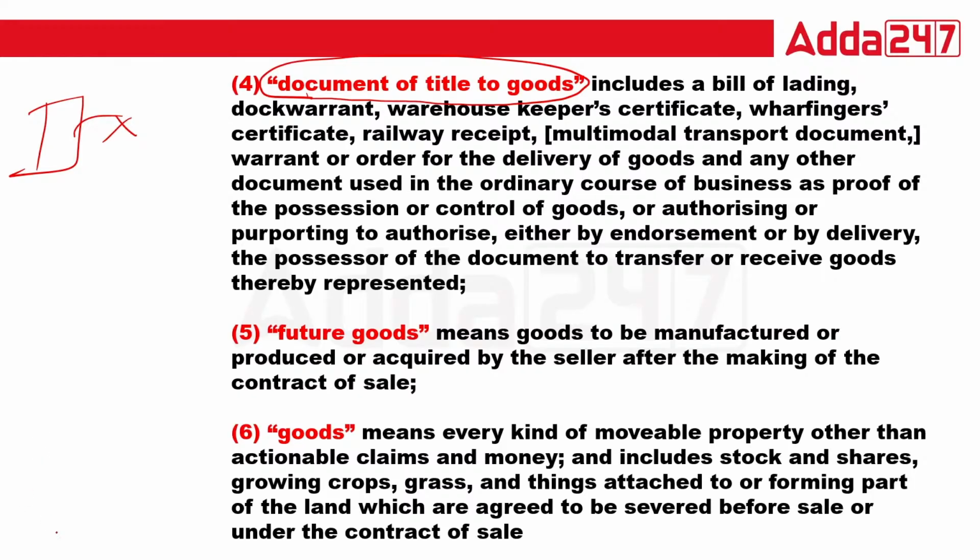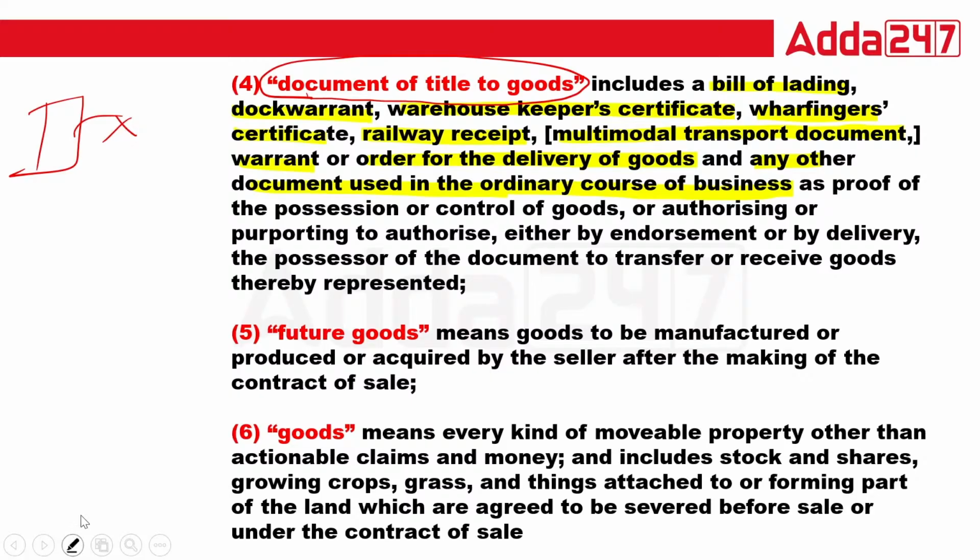It includes bill of lading, dock warrant, warehouse keeper's certificate, wharfinger's certificate, railway receipt, multimodal transport document, warrant or order for the delivery of goods, or any other document used in the ordinary course of business as proof of possession.